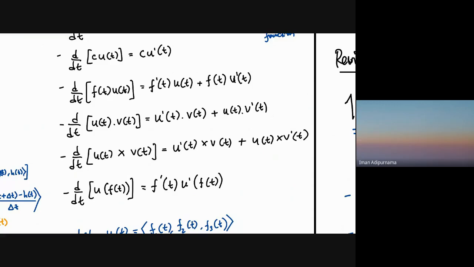Similarly with the cross product, we will have the same pattern: the product rule, crossing each factor. And the rest is the same as calculus one, like the chain rule, the product rule, multiplying with a scalar, and so on. So this is the chain rule, the last one.